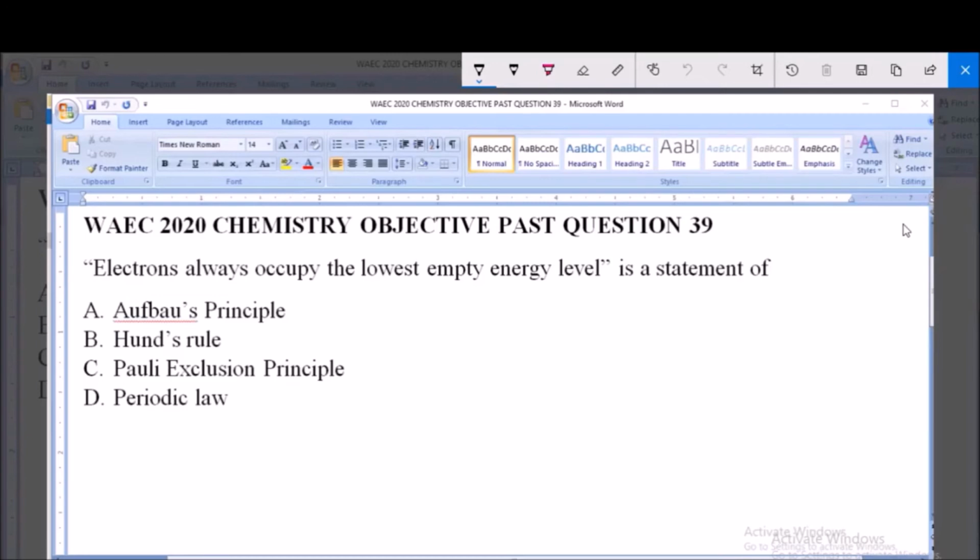Electrons always occupy the lowest empty energy level is a statement of A. Aufbau's principle, B. Hund's rule, C. Pauli exclusion principle, D. the periodic law.